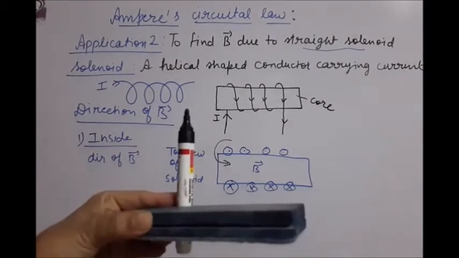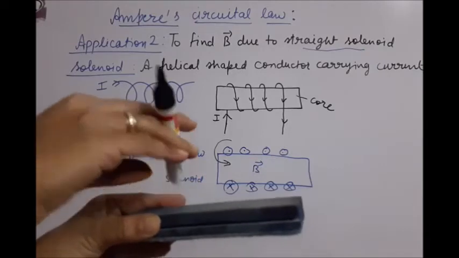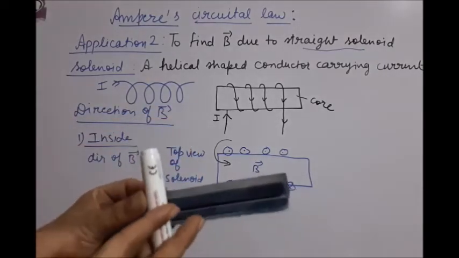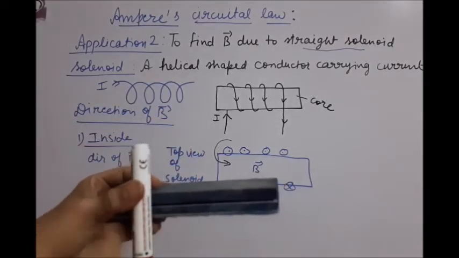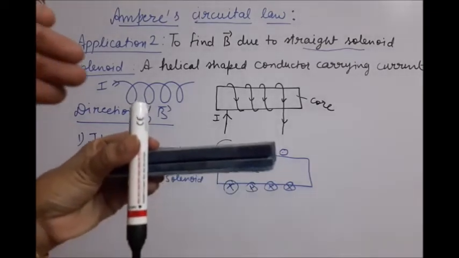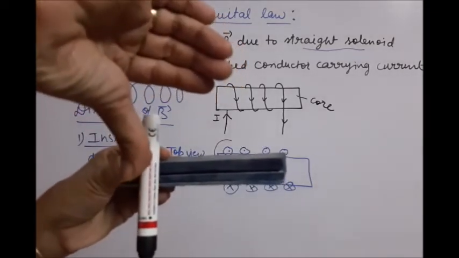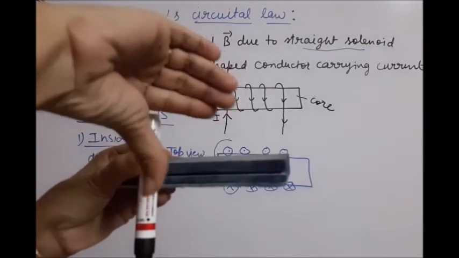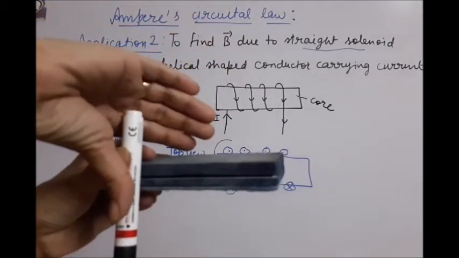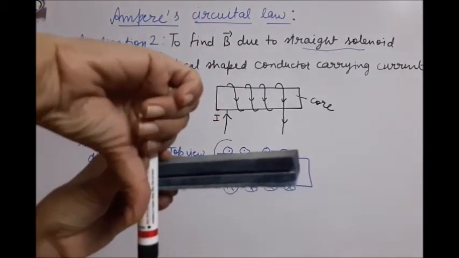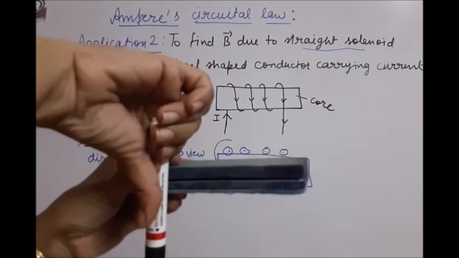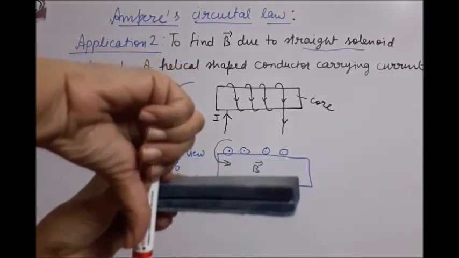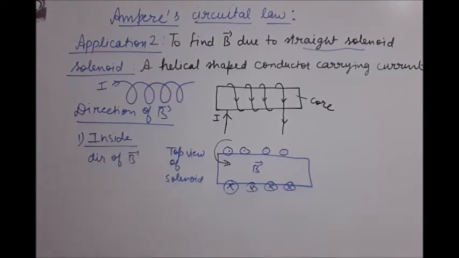In the same manner, if the same current is moving down, then we have to use the right hand thumb downward. So you see if I am holding it, fingers are curling here, out of the solenoid. So these are the directions.